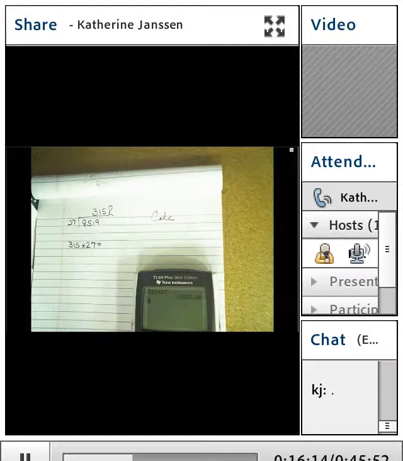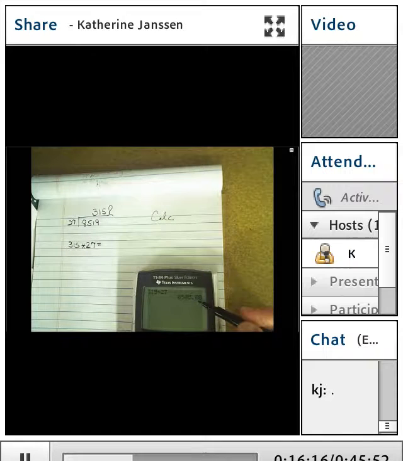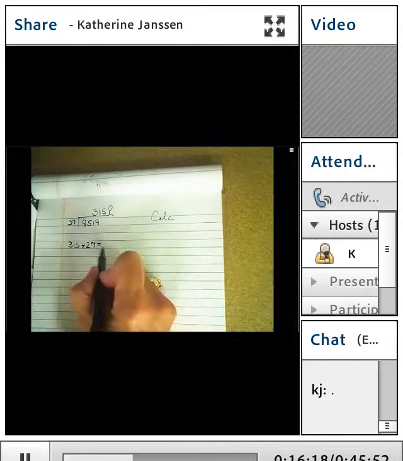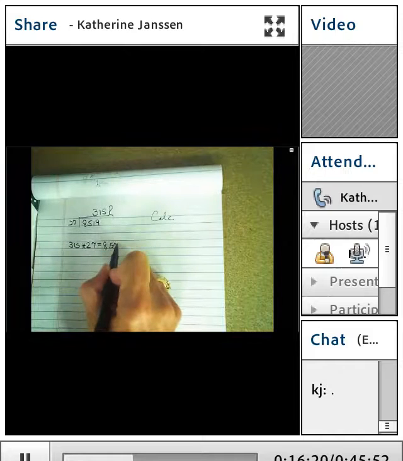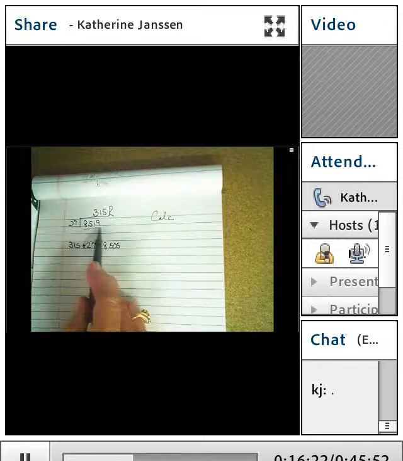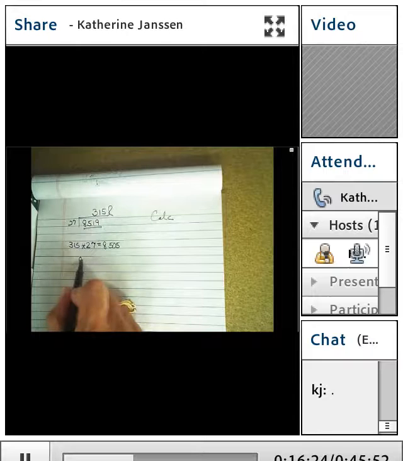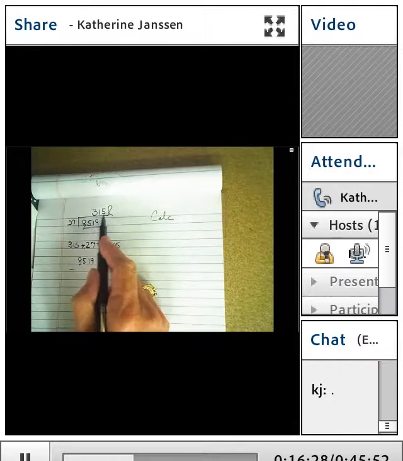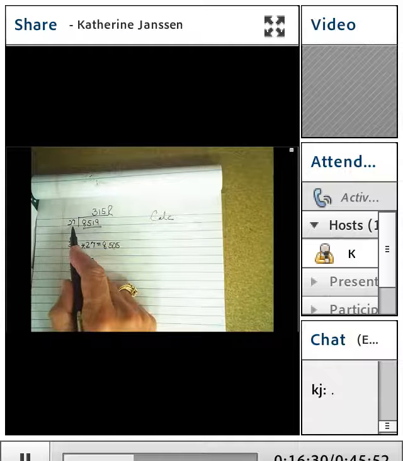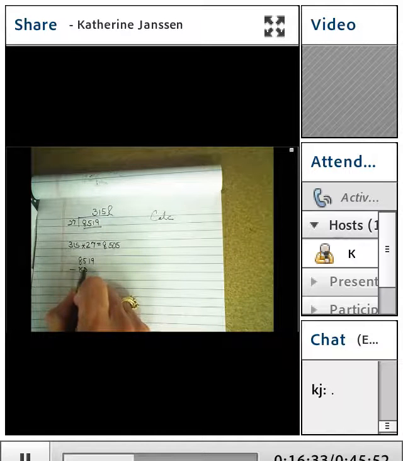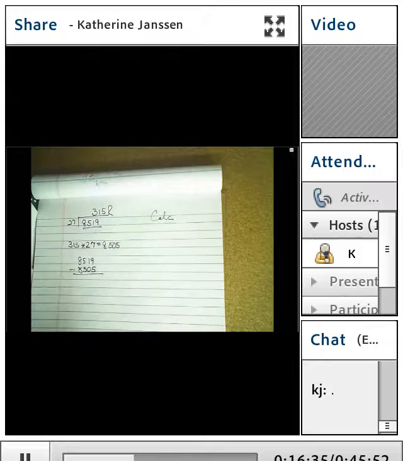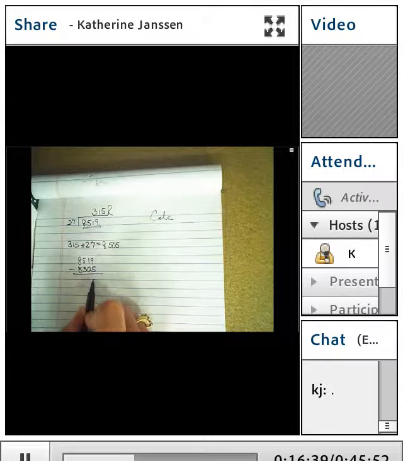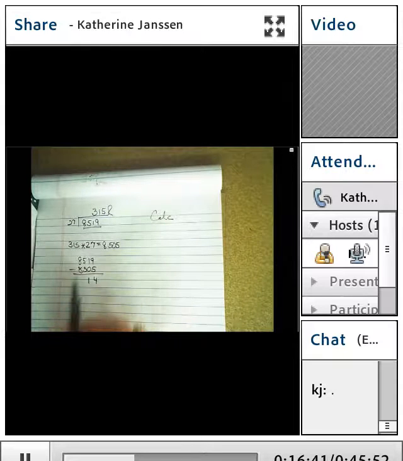I should get pretty close to my dividend, 8,505. I want to find the remainder from the dividend, so I'll take 8,519 and subtract what I have. My whole number is 315 times the divisor 27, I get 8,505. I'm going to subtract, and I get 14, a remainder of 14.